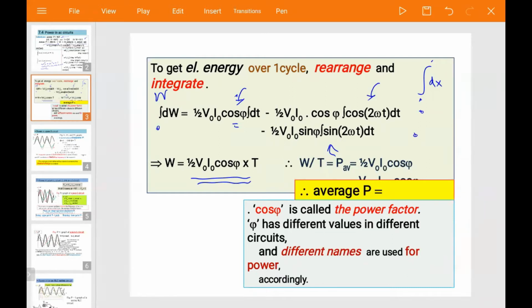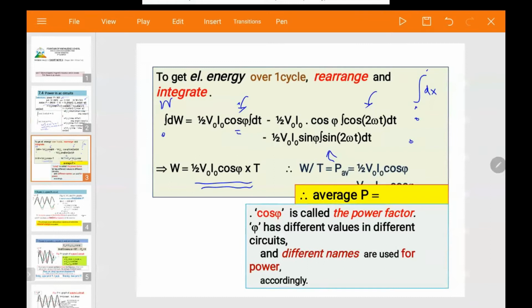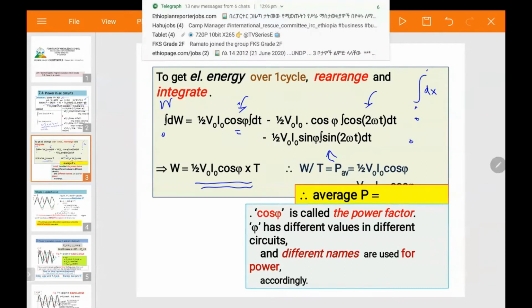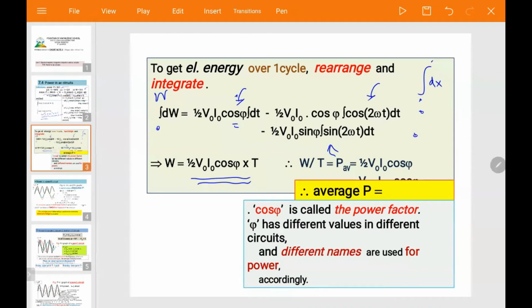When you integrate sine 2 omega t over one cycle and cos 2 omega t over one cycle, you get zero. So the sine term and the cos term disappear. You'll be left with only a half of V0 I0 cos phi times the period.